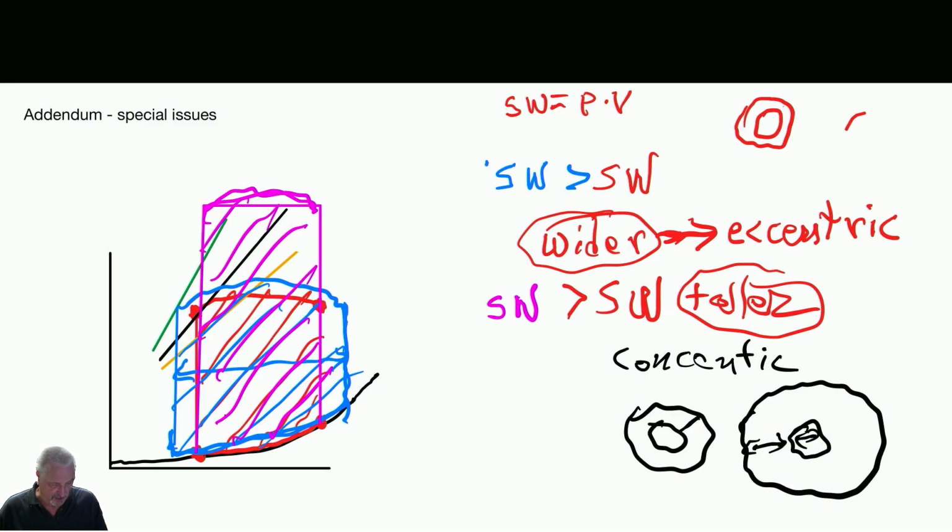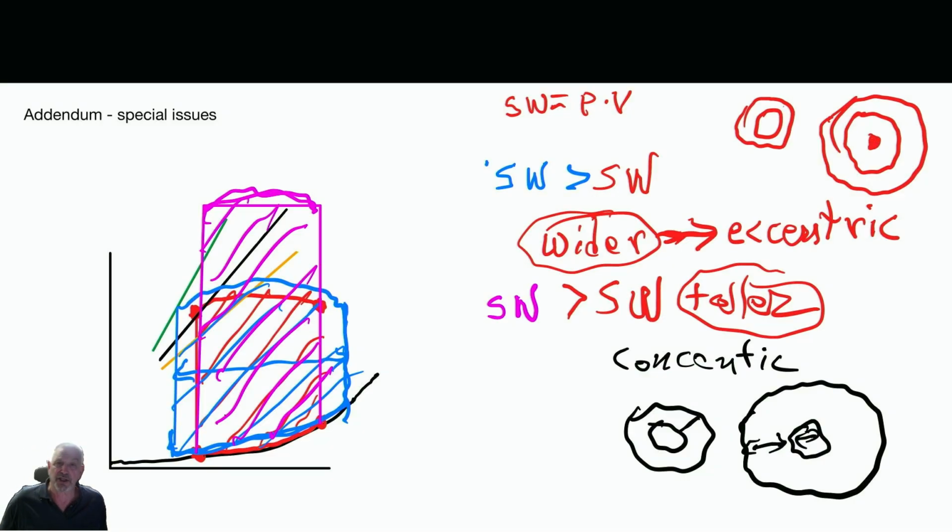The chamber diameter gets bigger, but the wall only modestly thickens in comparison to what happens in concentric hypertrophy. So it's mainly the lumen that changes in eccentric hypertrophy, whereas the wall thickening is what happens in concentric hypertrophy. So that just reminds us a little bit about how pressure volume loops can help.